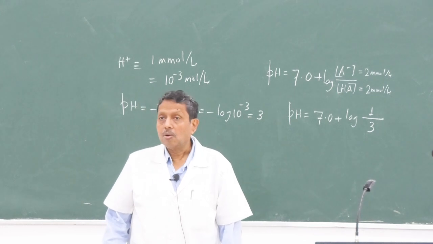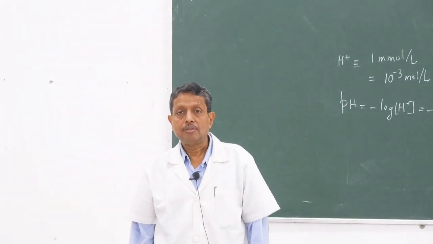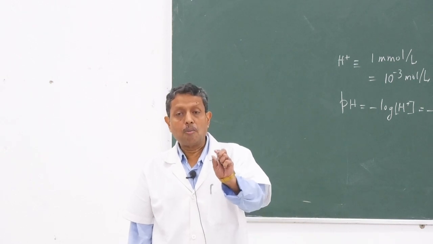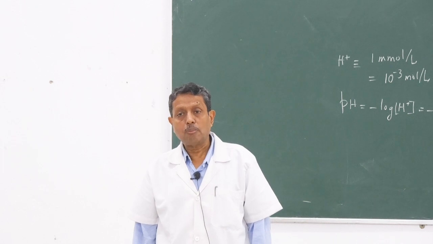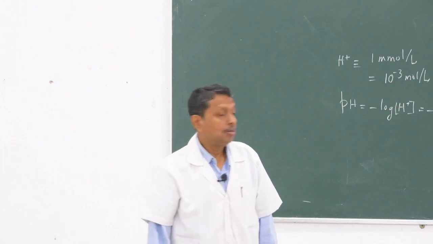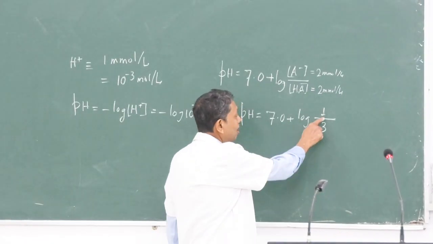When 1 millimole is added, the hydrogen ion will combine with this anion, a reduction of 1, and a gain of undissociated acid of 1, so it is 1 by 3.